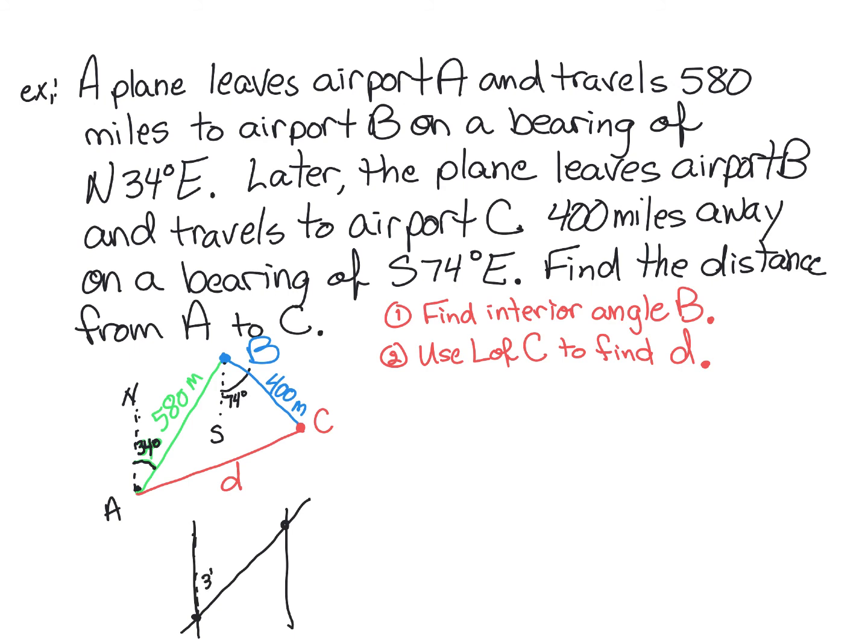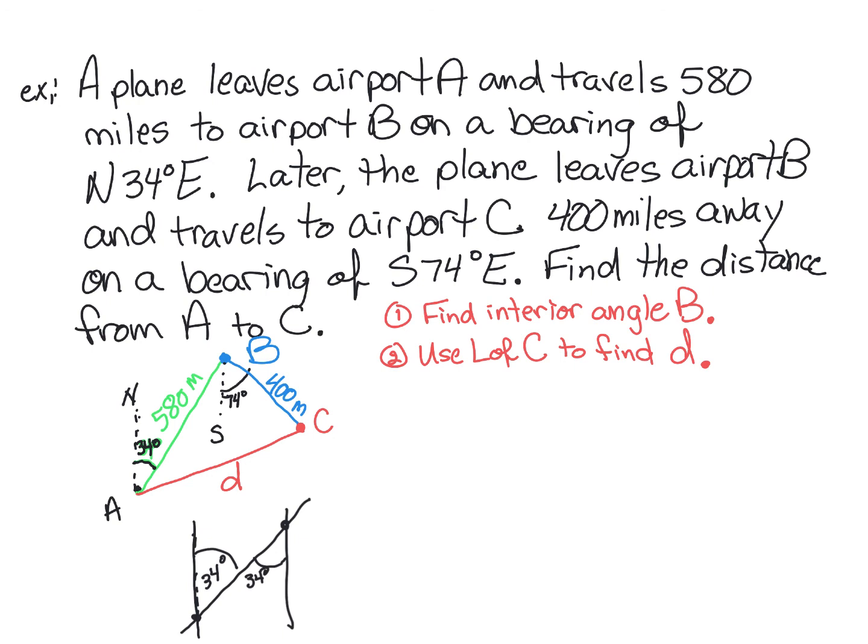This angle is 34, okay? That means that this angle is 34. Now, if we look back at our triangle, I have 74 here, and this is 34.